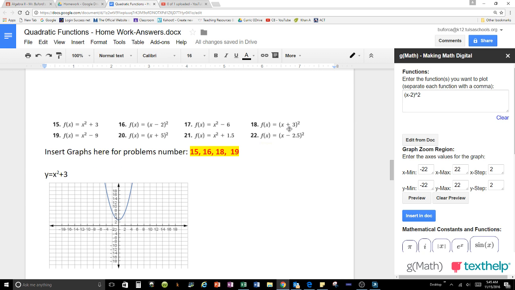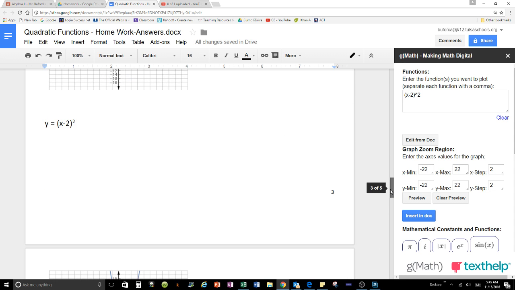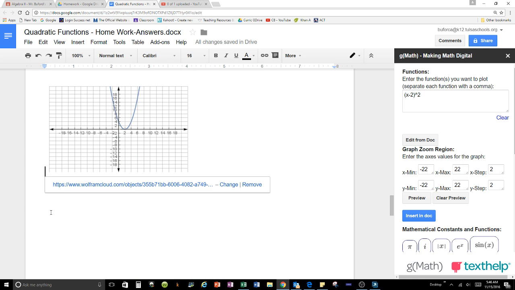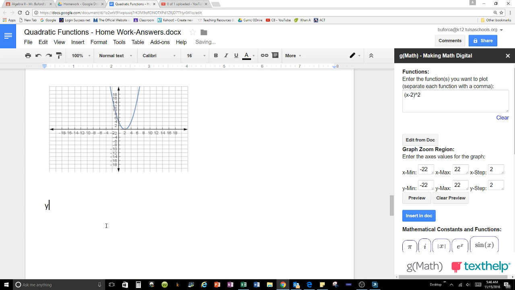18. And 18, what it's going to do is shift us to the left 3 units. So it's going to take us over here. It's going to be down on the x-axis, and it's just going to shift us to the left 3 units. So let's go ahead and write that down here. Say y equals x plus 3, control period 2, control period, hit enter key.